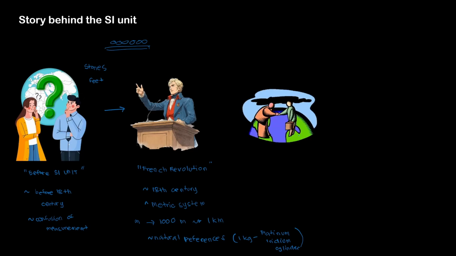After the 18th century, in 1875, we have the Treaty of the Meter. This is basically an international agreement which expanded the metric system, leading to the creation of an international measurement organization.